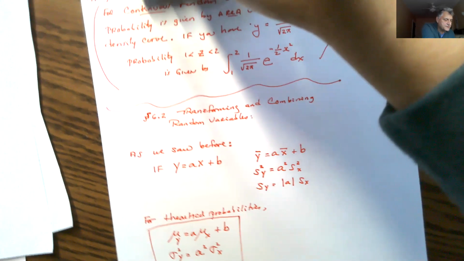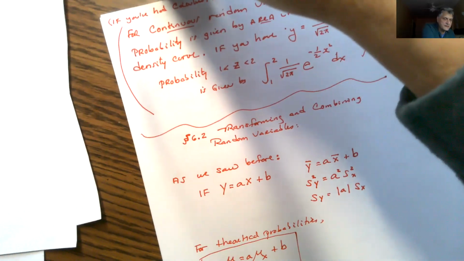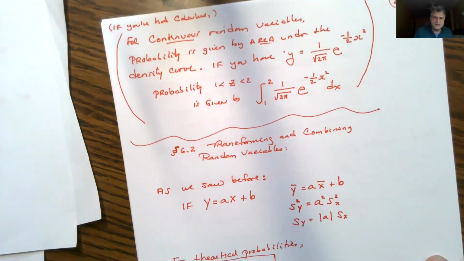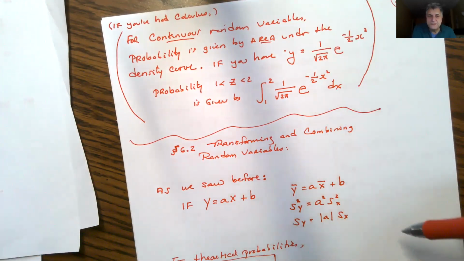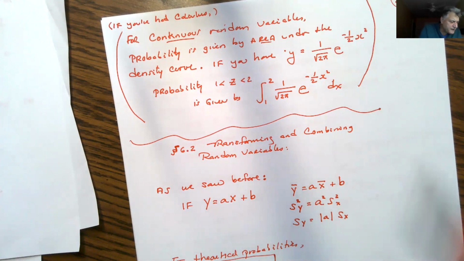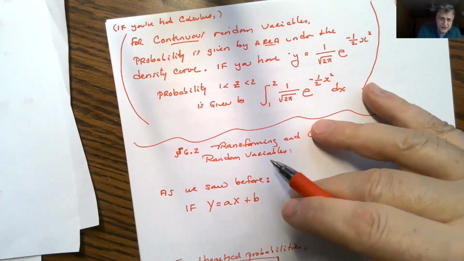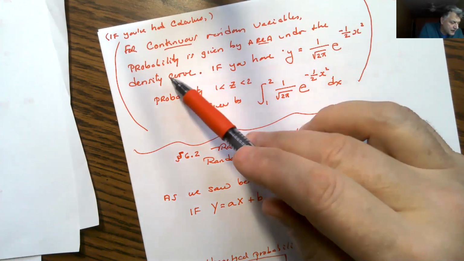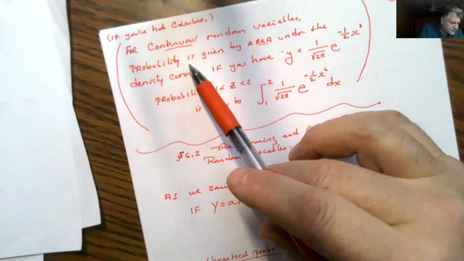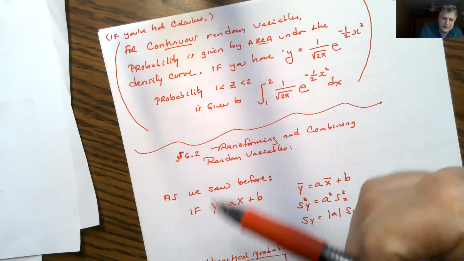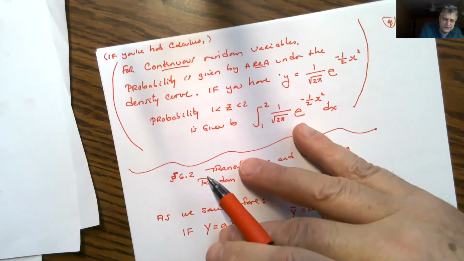Okay, next. This is just as an aside here. If you've had calculus before, especially BC calculus, for a continuous random variable, the probability is given by the area under the density curve.